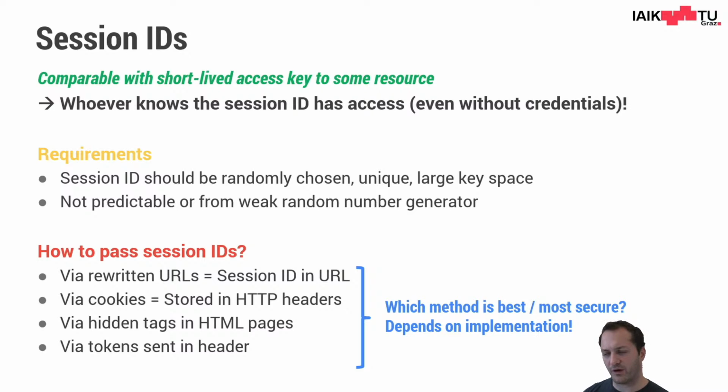So when do we show this token or the session ID actually? There are 4 options, and they are not all equally secure. The first option is the website owner can include the session ID in the URL, so actually pass it as a parameter within the URL. Or the most popular option, probably cookies.